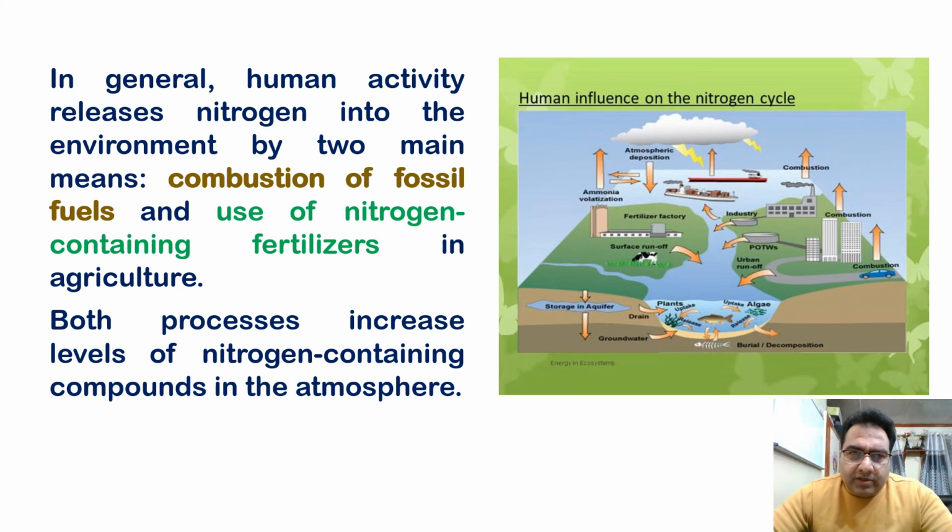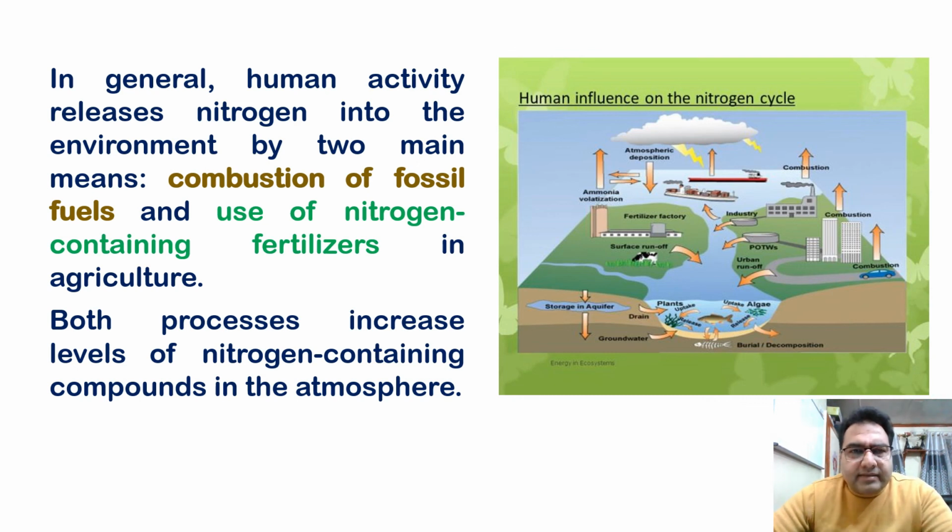High levels of atmospheric nitrogen compounds, such as nitrites, are associated with harmful effects like the production of acid rain and nitric acid, and they contribute to the greenhouse effect as well, such as nitrous oxide.